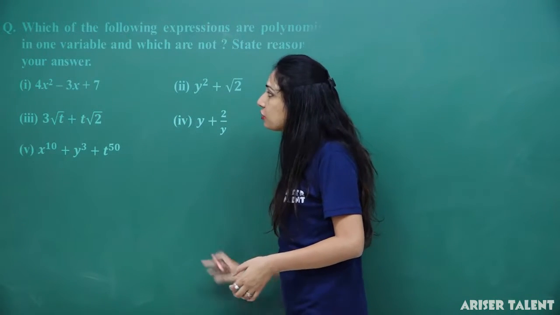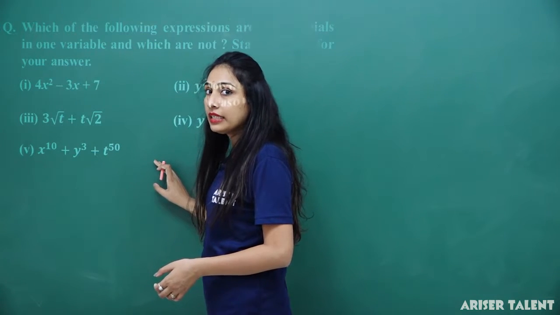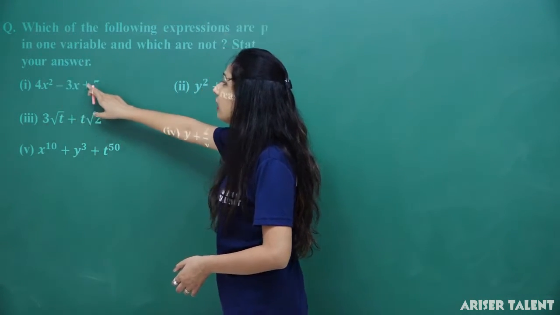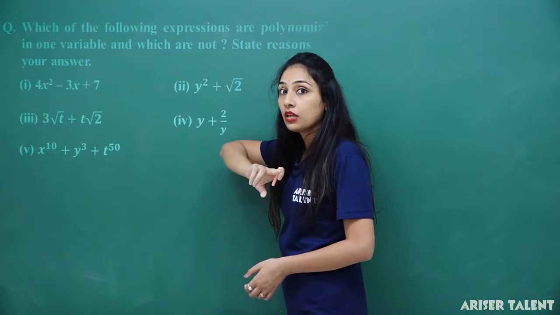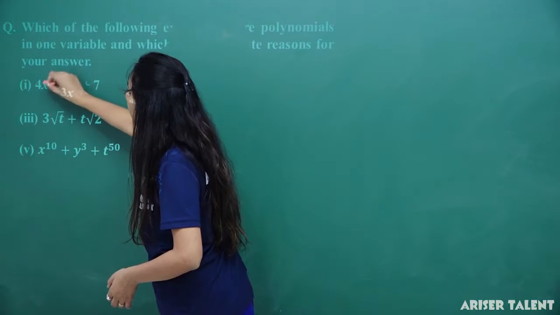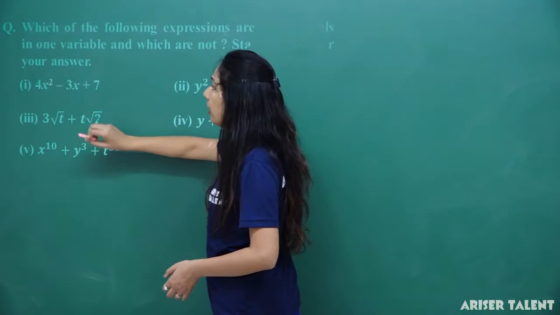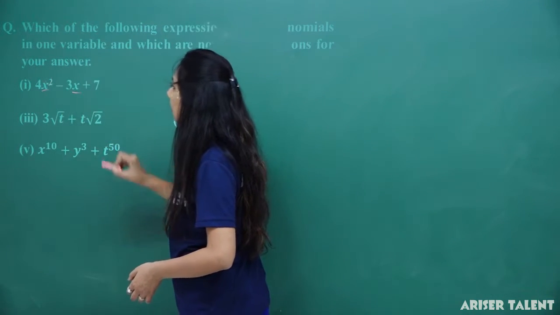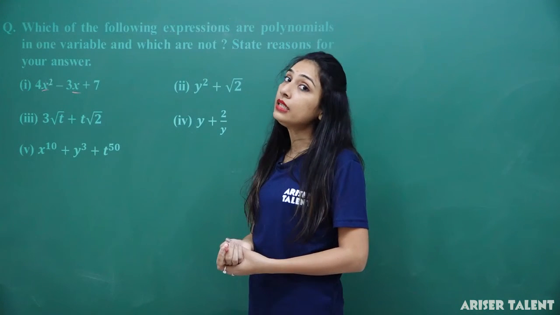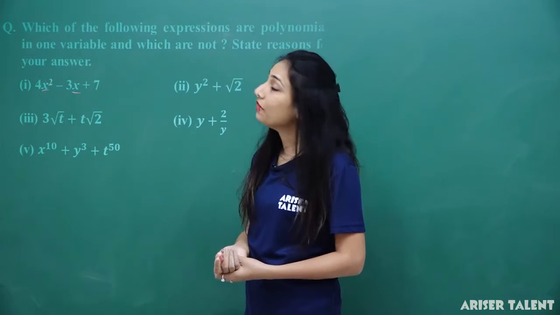Now look at the first one. So this is 4x square minus 3x plus 7. Now what does that mean? We are having degree 2 here, quite okay, but I am having x here and x here. That means it is a polynomial in one variable.